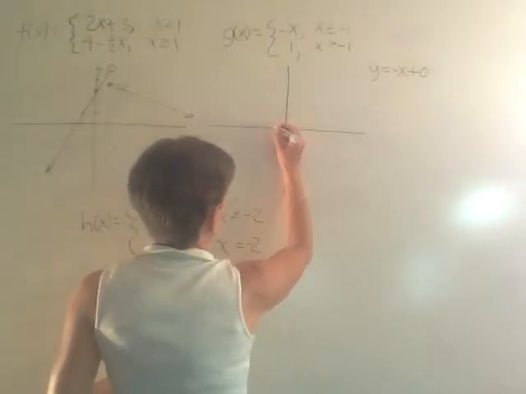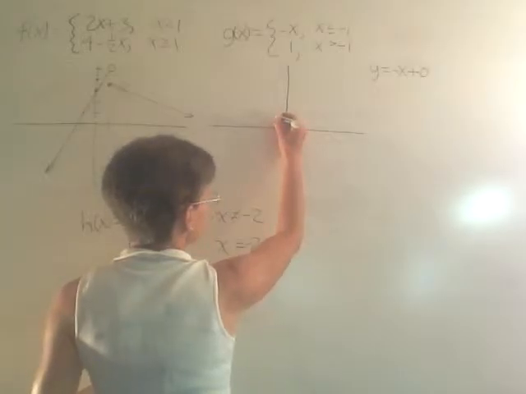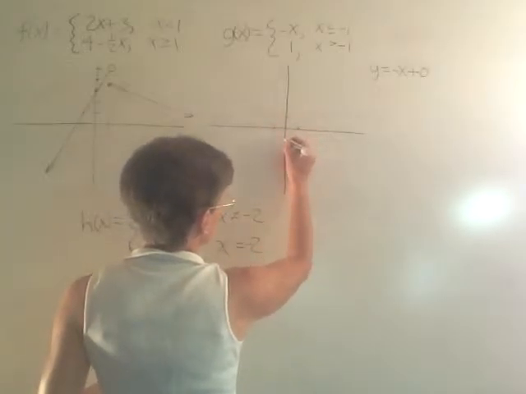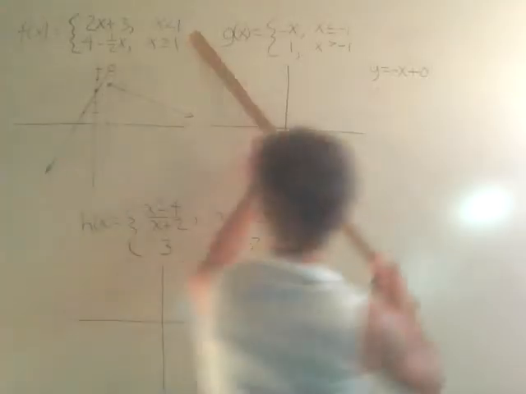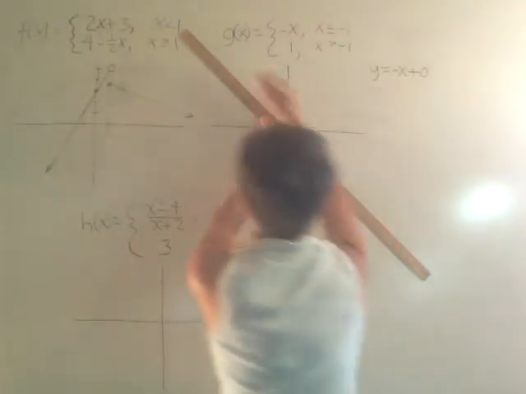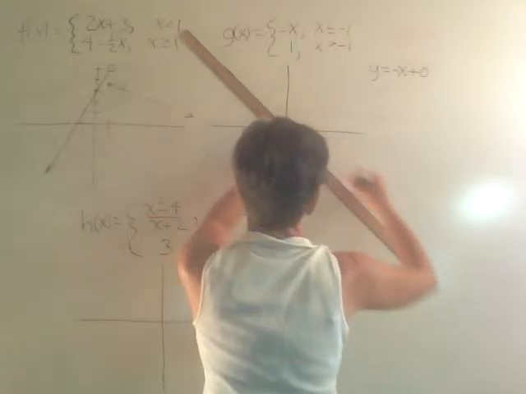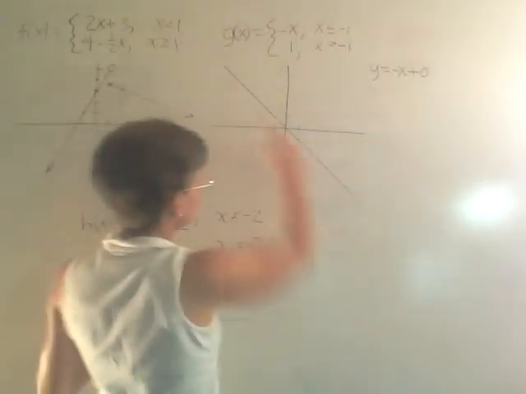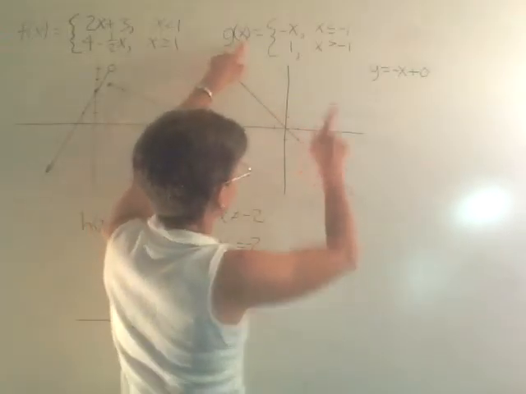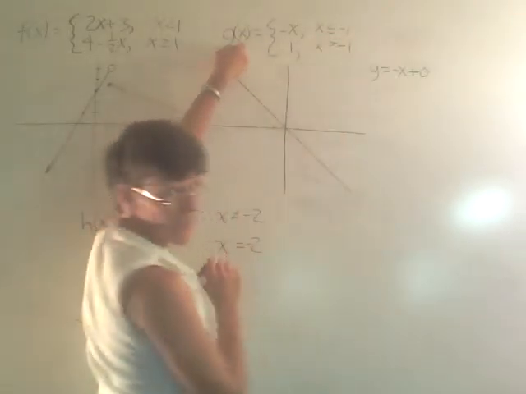So I'm going to graph this line as if there are no restrictions. It's a line that would go on and on forever through my origin. Well, there are restrictions to this line. This is only equal to y when x is less than or equal to negative 1.